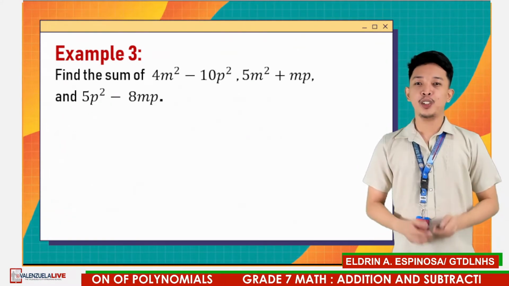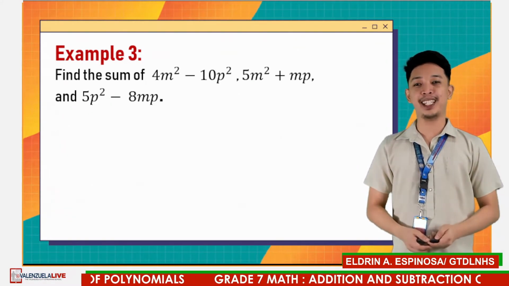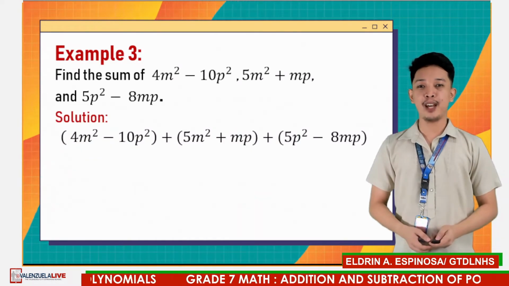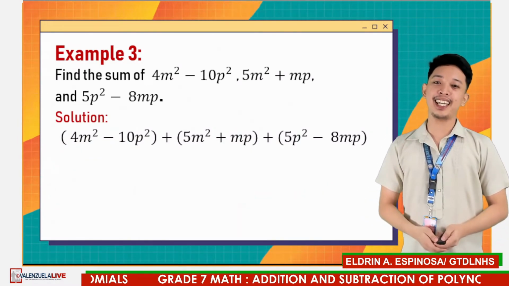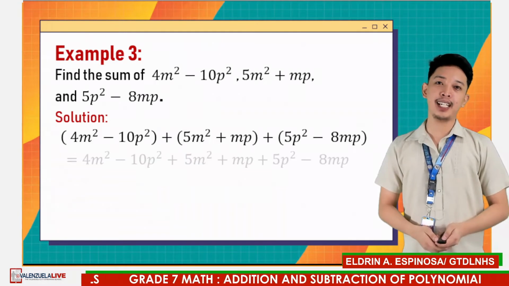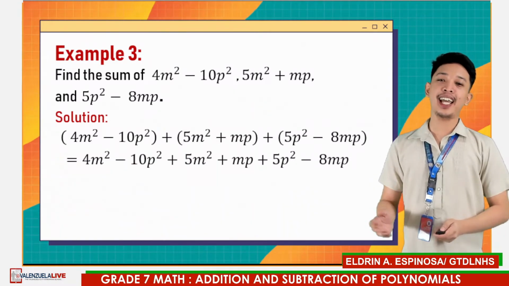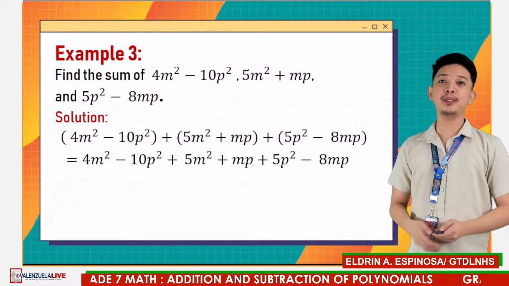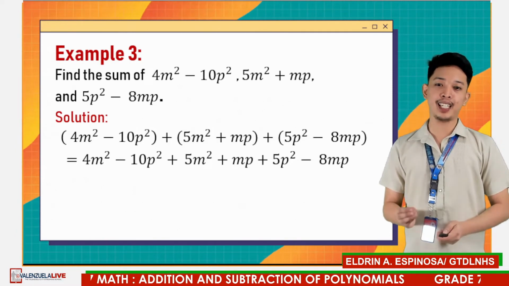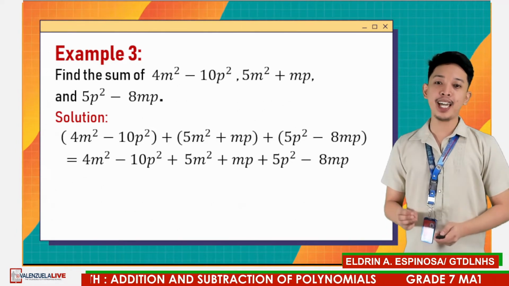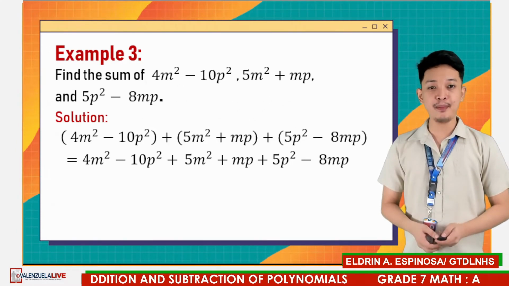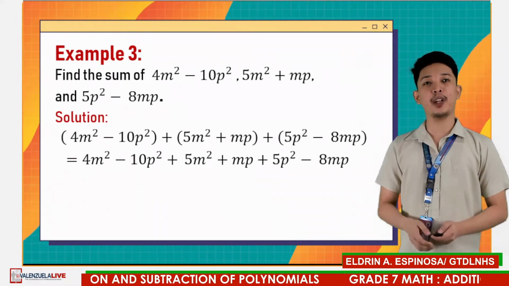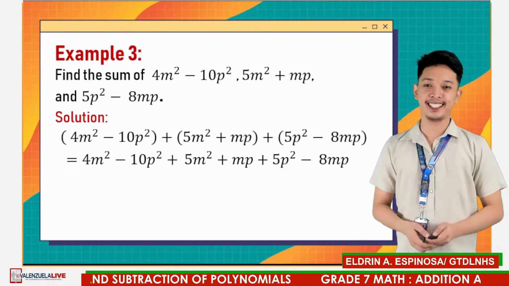To separate these three polynomials being added, we will have the following. But again, we can simply remove the parentheses. We can rewrite it as 4m squared minus 10p squared plus 5m squared plus mp plus 5p squared minus 8mp.